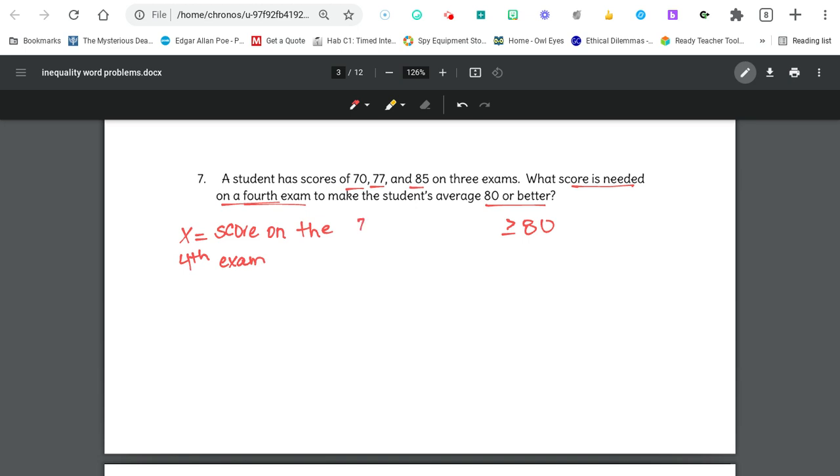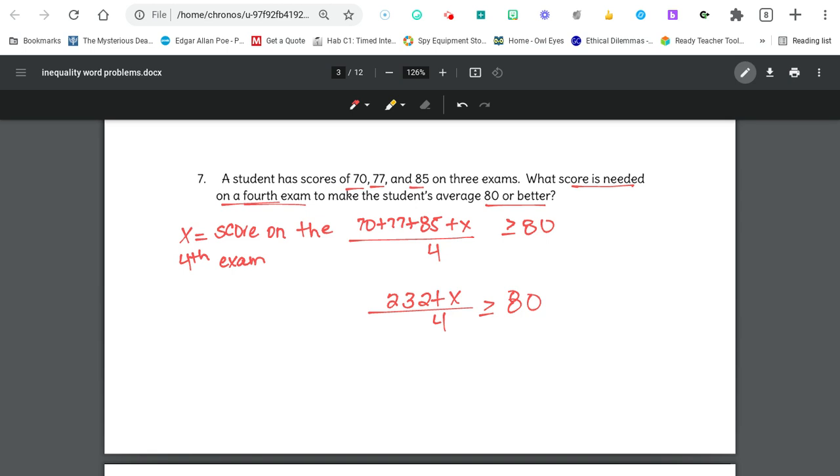We take all these and divide by 4. That's how we used to get our average. I'm going to add 70 plus 77 plus 85, 232 from those 3 exams, plus the fourth one, divided by 4.